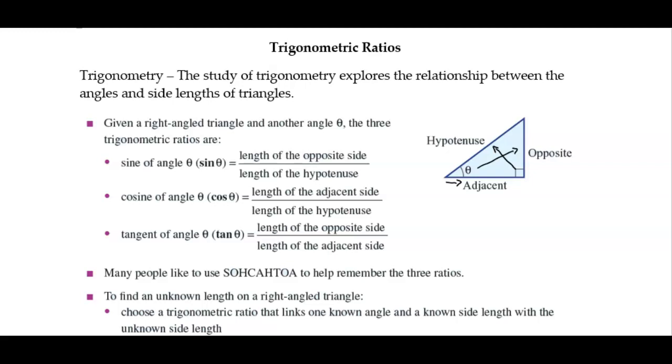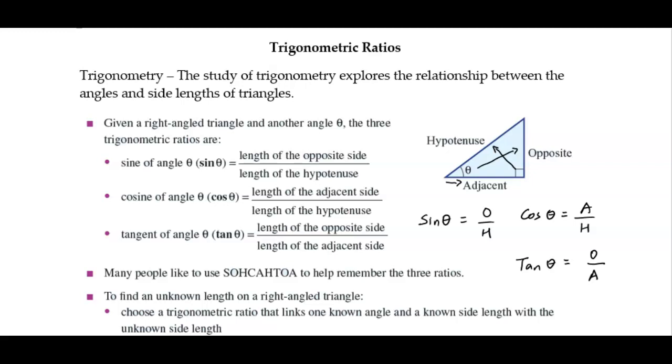You might want to rewrite it in a nice crisp format, something like this: sine theta equals opposite over hypotenuse, cos theta equals adjacent over hypotenuse, and finally tan theta equals opposite over adjacent. And in math, we like to keep things simple.